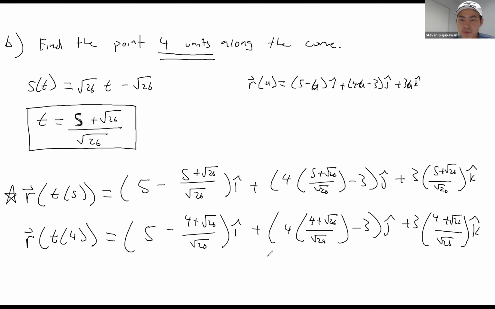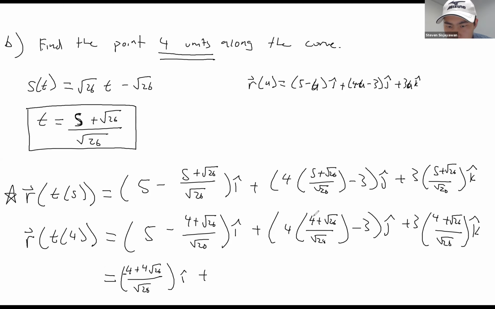Okay, and we can try and simplify this down. So that'll be 5 over square root of 26, so 5 square root of 26. So it'll be 4 plus 4 square root of 26 all over square root of 26 for i, or negative 4 i hat, sorry.